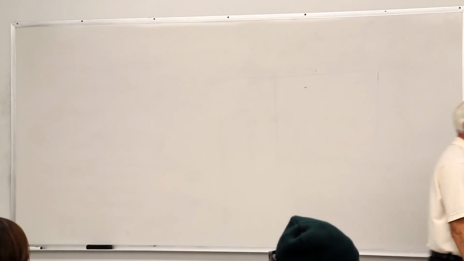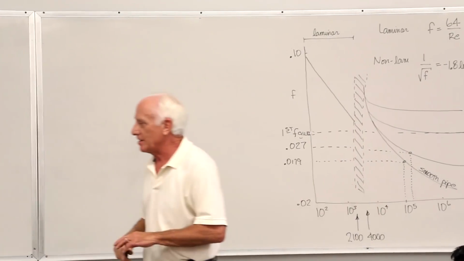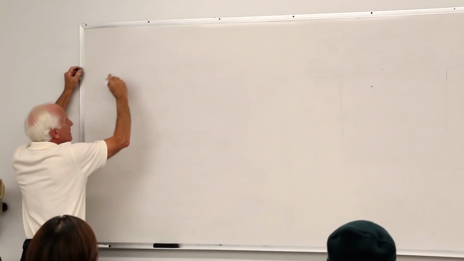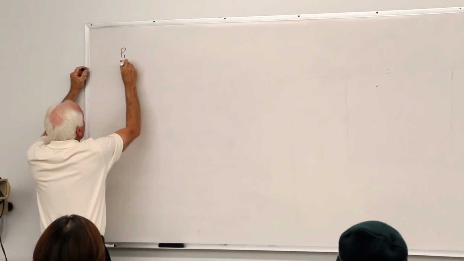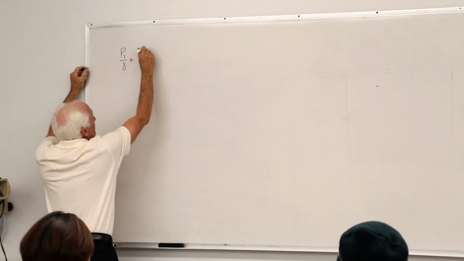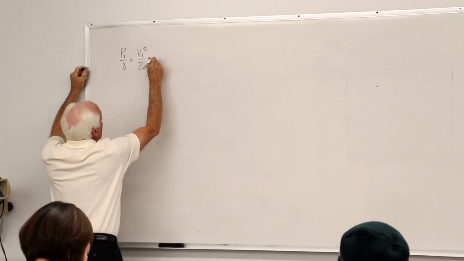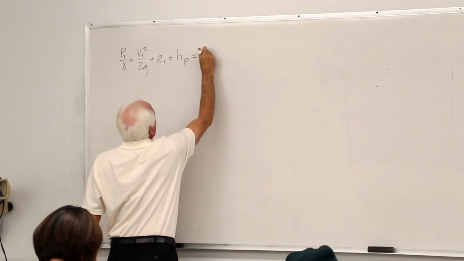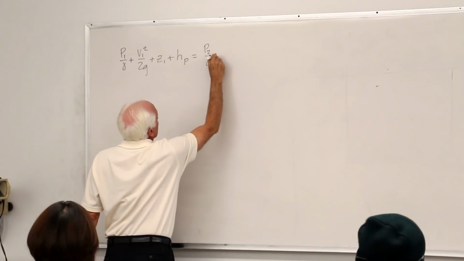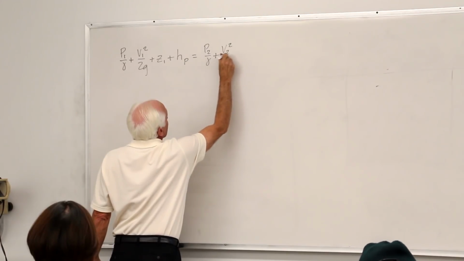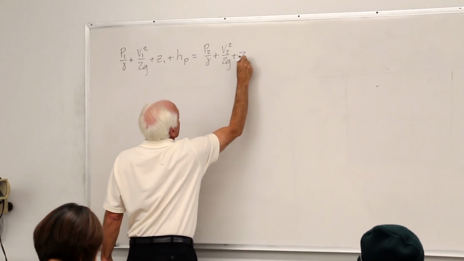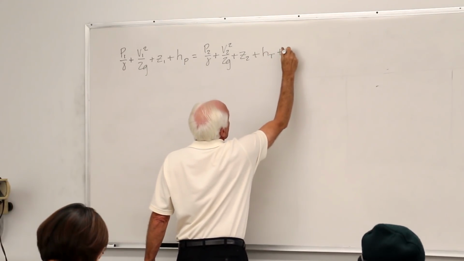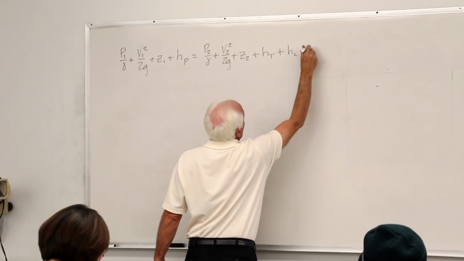So we have our left-hand side, energy added to the system, our control volume. So we have P1 over gamma, V1 squared, Z1 plus the head developed by a pump, equals the 2 side, plus turbine, if there's one, straight pipe friction losses, and minor losses.